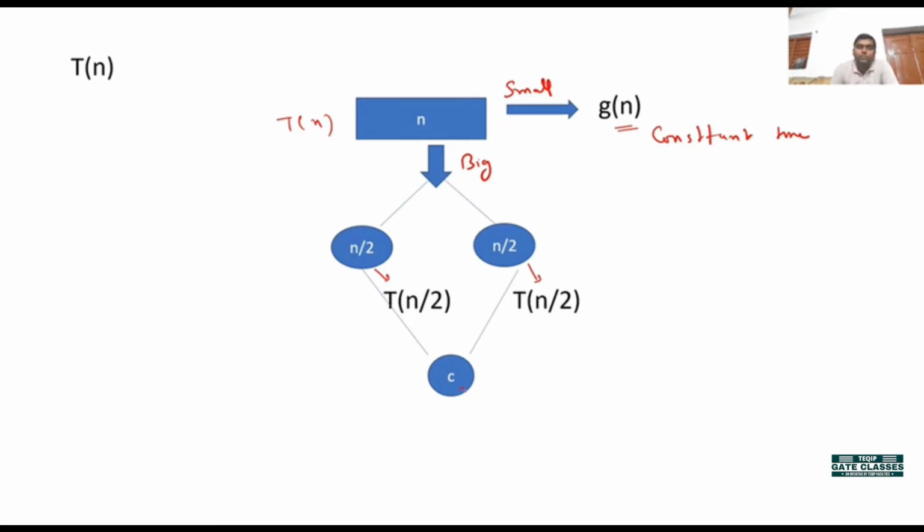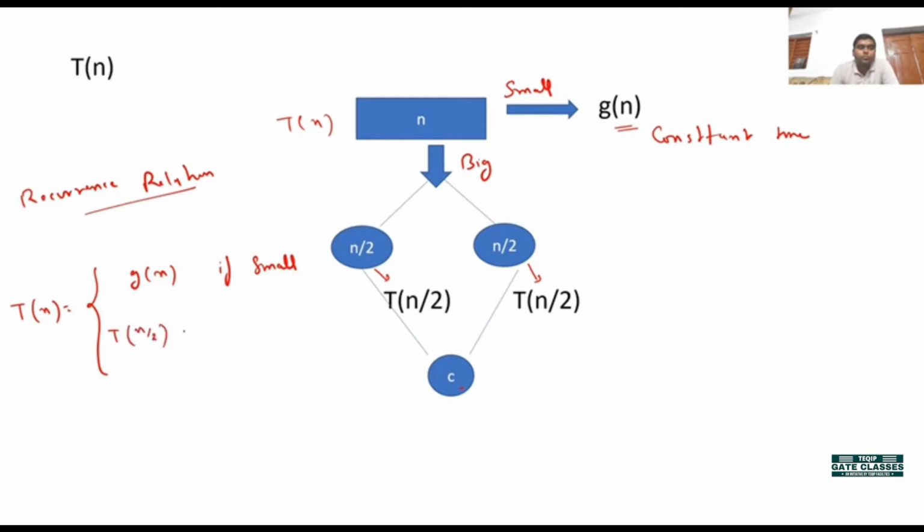And finally this c is the combine part. So how can we write this? We can simply write T of n as a recurrence relation. G of n is a constant time if the problem is small. Otherwise, T of n by 2 plus T of n by 2 plus some function, let us suppose f of n.